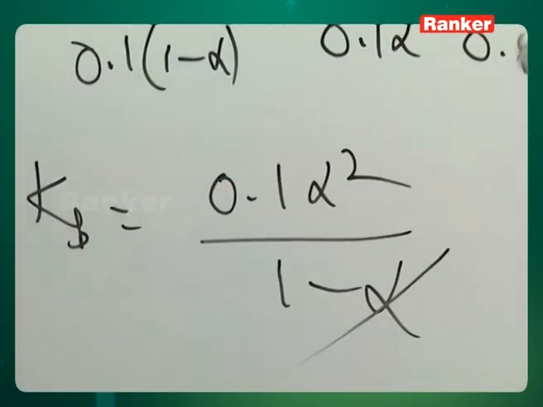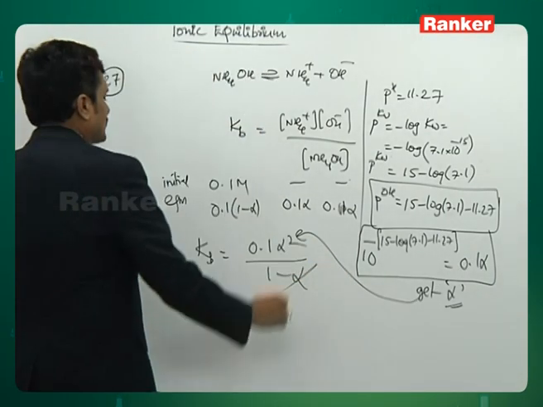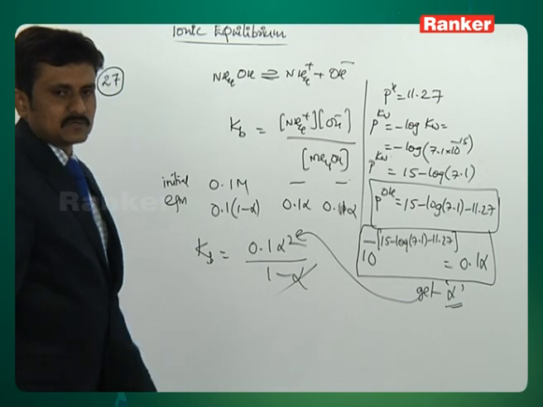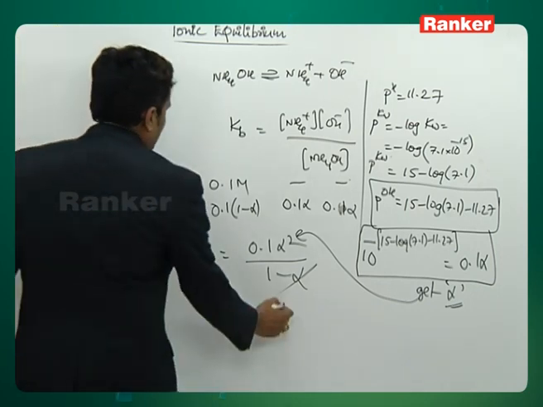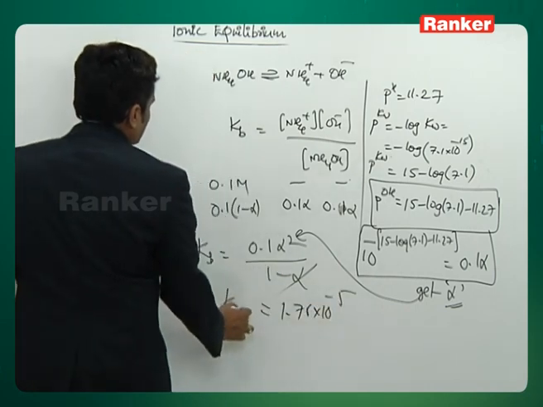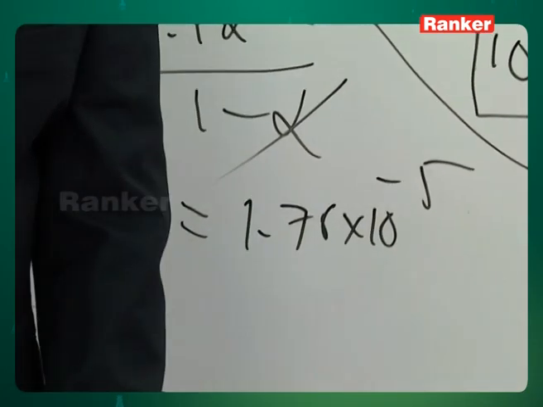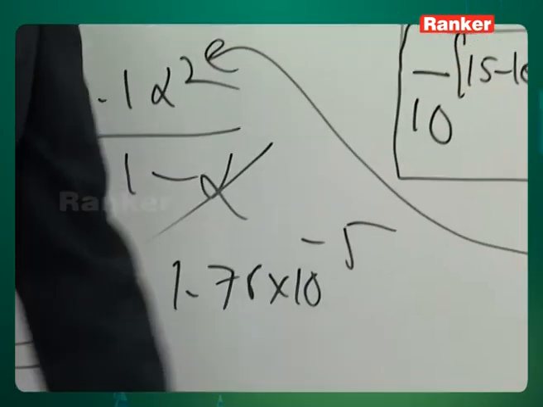Even if I neglect alpha compared to 1, to substitute the value of alpha whatever I have obtained here, the answer is going to be 1.76 into 10 to the power minus 5. Otherwise the answer would have been 1.8 into 10 to the power minus 5 if the pKw of the solution is 14.